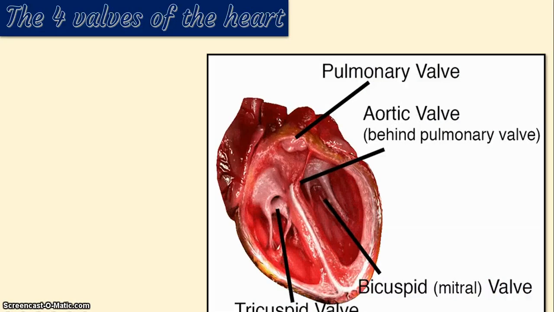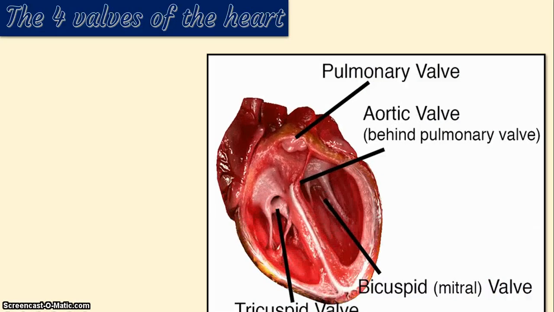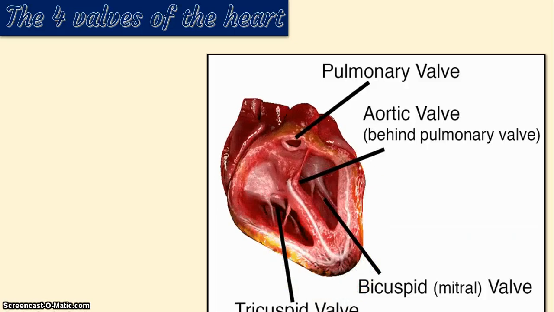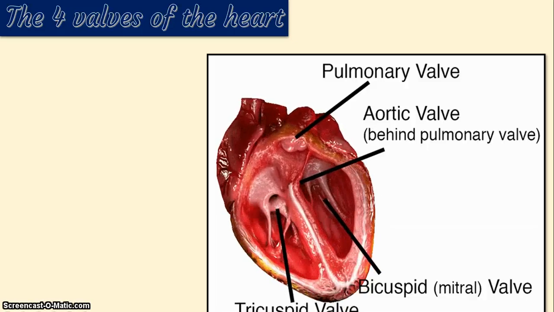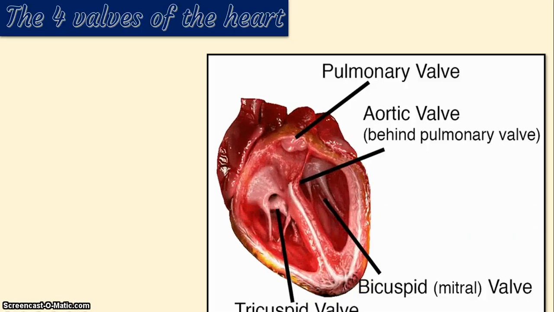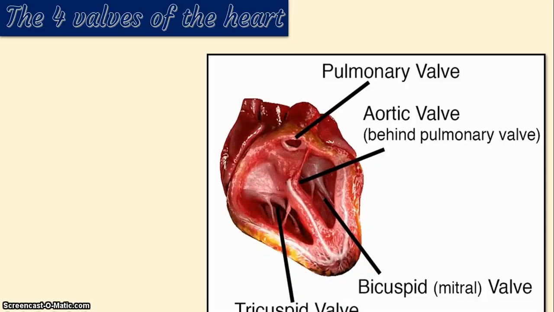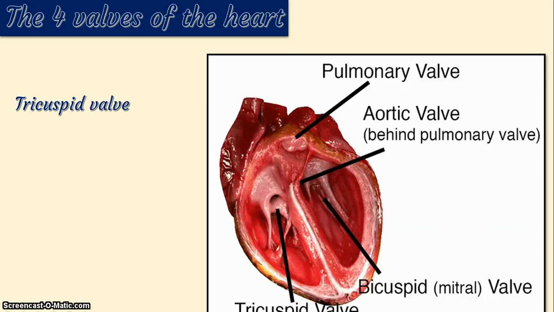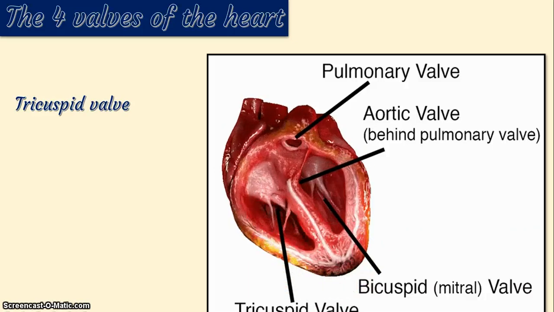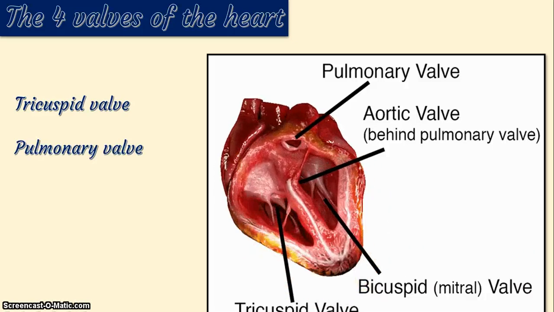Don't be scared. That's actually what's going on in your body. Look at the openings and look at the lines. They are pointing to 4 valves. So there are 4 valves in the heart. The blood enters through the tricuspid valve. Then it goes into the lungs through the pulmonary valve.